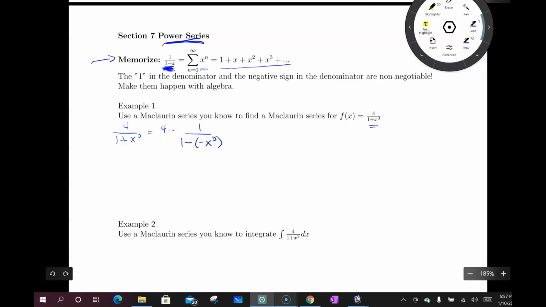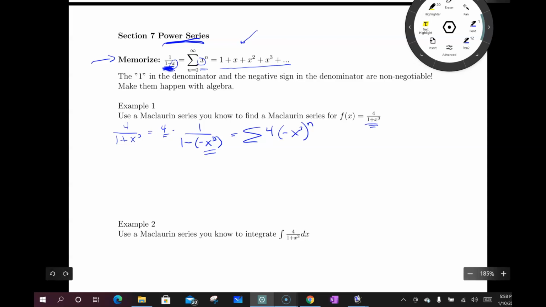So I'm manipulating what I have to use what I know. So here I go. This sum, I can put the 4 on the outside or the inside, it doesn't really matter. But this x gets to the nth power. So this is my x in this case. So negative x cubed to the nth power.